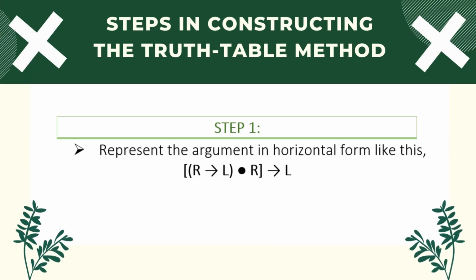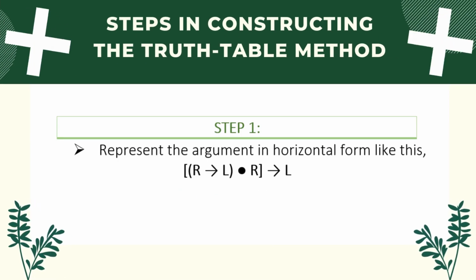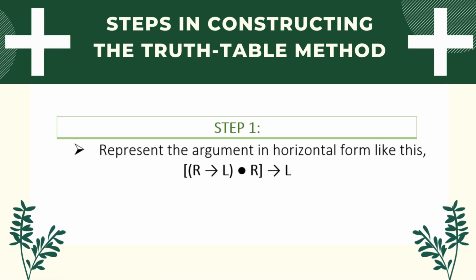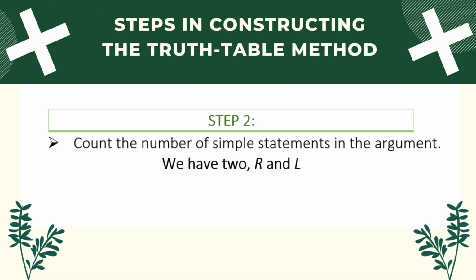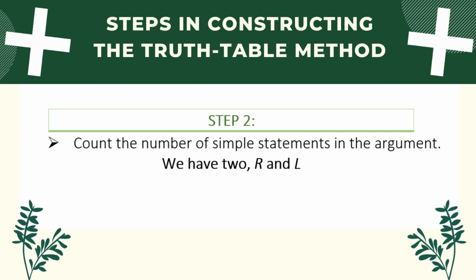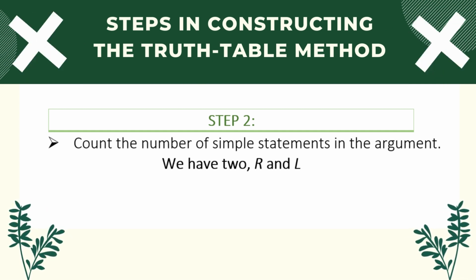Module 7 is all about constructing a truth table. This method contains 4 simple steps. For our first step, represent the argument in horizontal form like this. Second, count the number of simple statements in the argument.